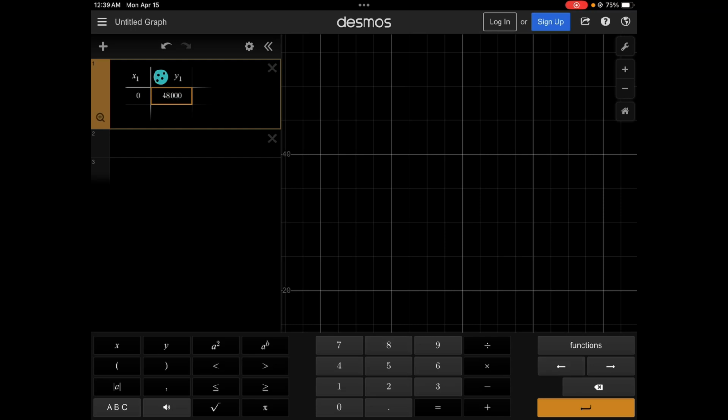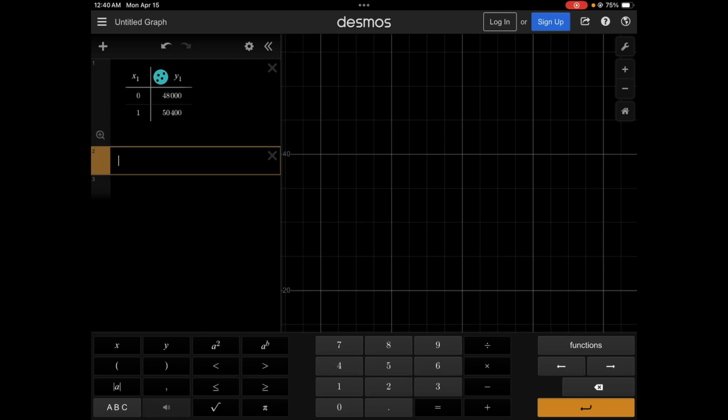I would not risk the comma, because it immediately gives me a point; the comment is to not use a comma because it thinks you're trying to put an x comma y. And the first year is 50,400.